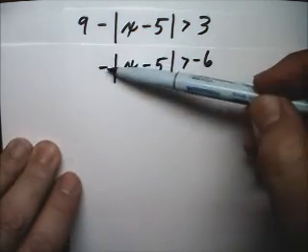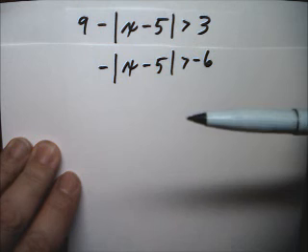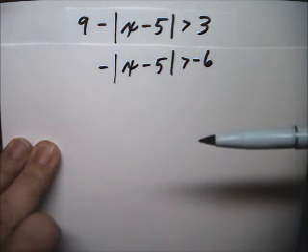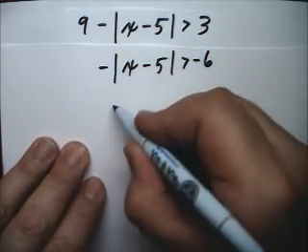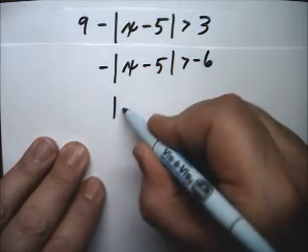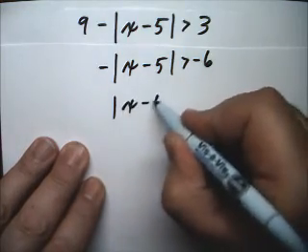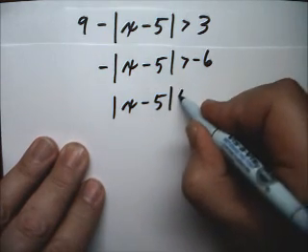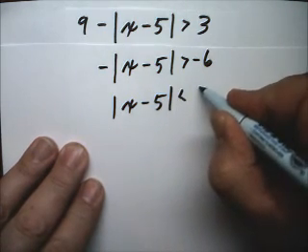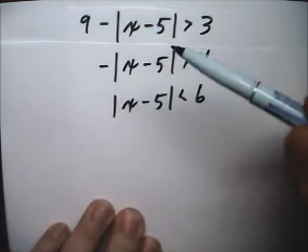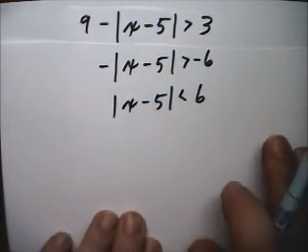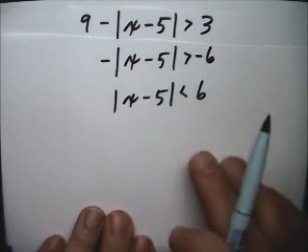And now to get rid of this negative sign, I'll just multiply both sides by negative 1 or divide by negative 1. It's the same thing. So here I'm left with the absolute value of x minus 5 is less than positive 6. And that switched, of course, because we multiplied or divided by a negative.